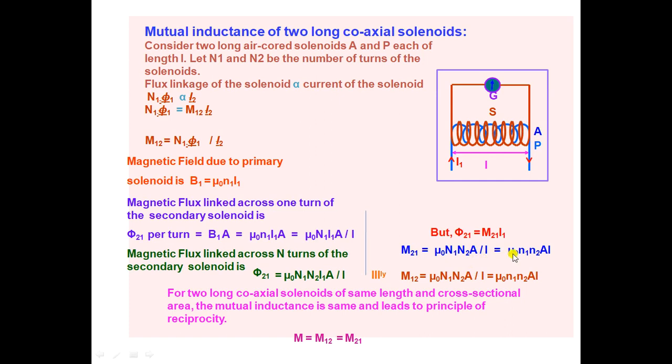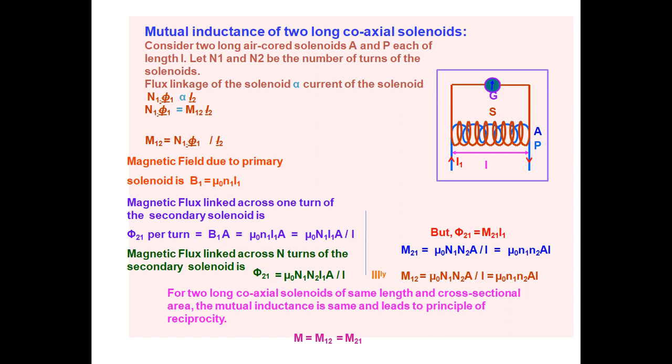Here I1 divided by I1, both I1 get cancelled. So therefore that is equal to, we can also write, mu naught n1 n2 A l. Here this is the mutual inductance of the coaxial solenoids.